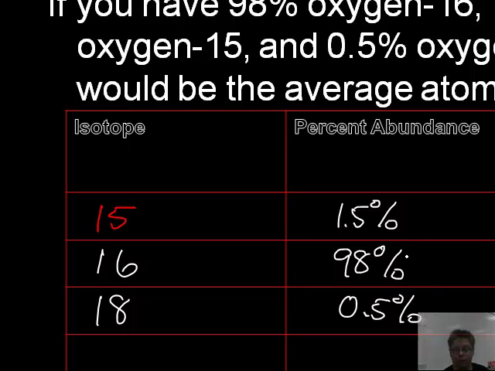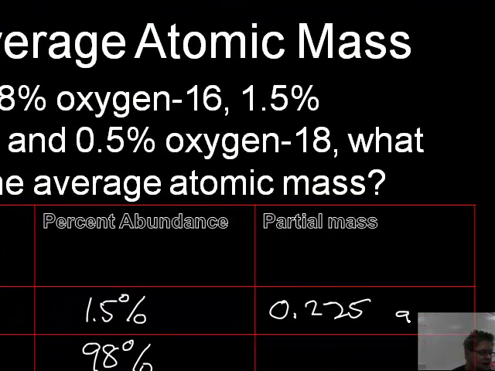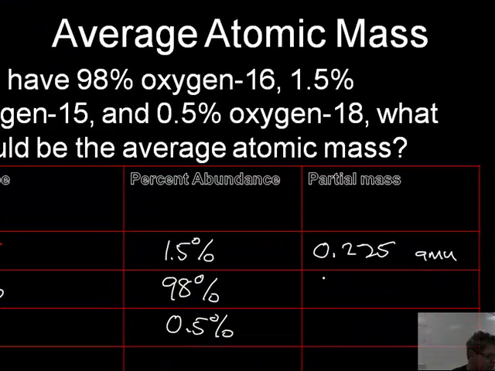Now when we multiply by a percent, it's per 100, so 15 times 1.5 divided by 100 is 0.225. That's its partial mass, and again this is in AMUs, atomic mass units. 98 times 16 divided by 100 equals 15.68. So this is 15.68 AMUs.